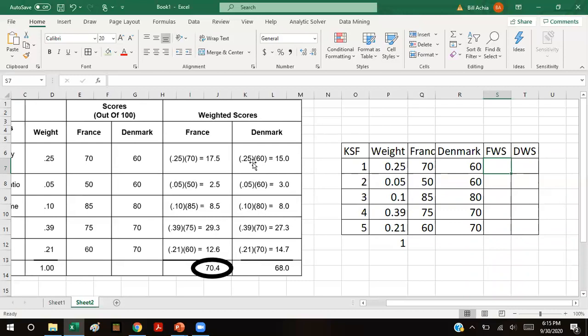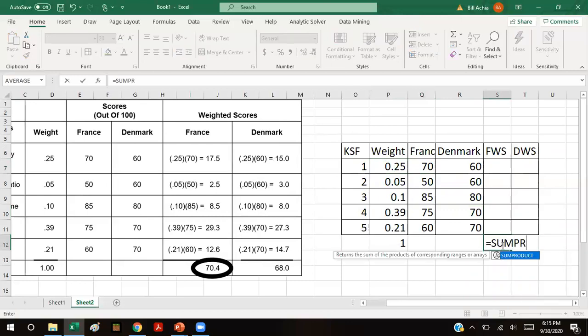Okay. In the textbook version that we have here, each weight is multiplied by each score, which is fine. But I would rather just use a sum product function and multiply these weights here by the corresponding scores.